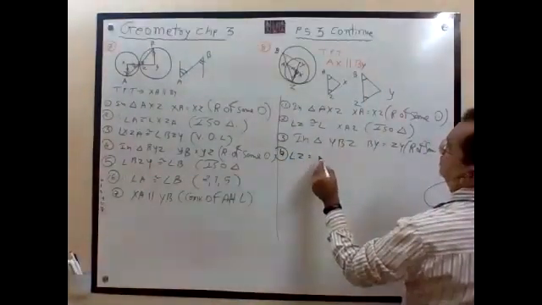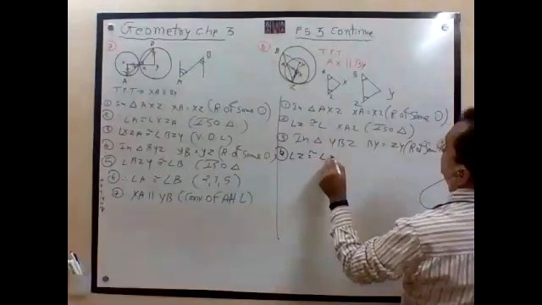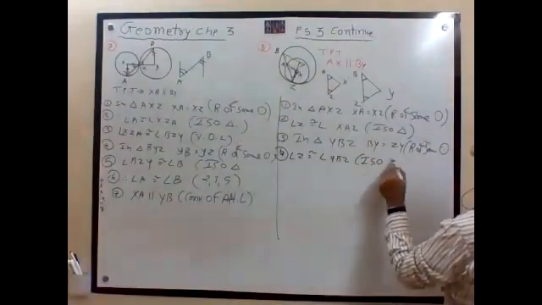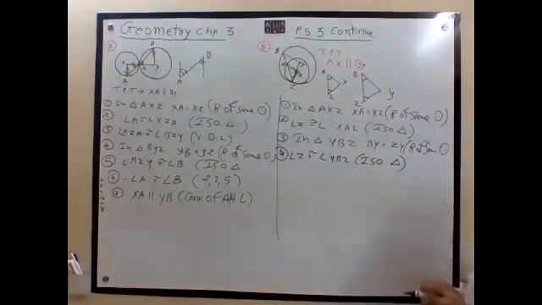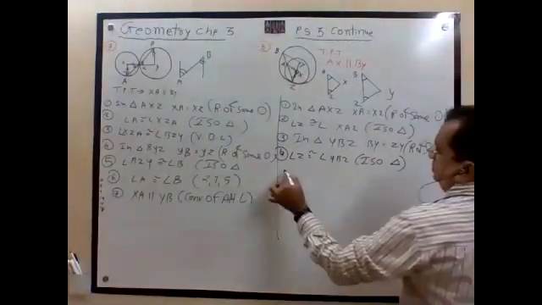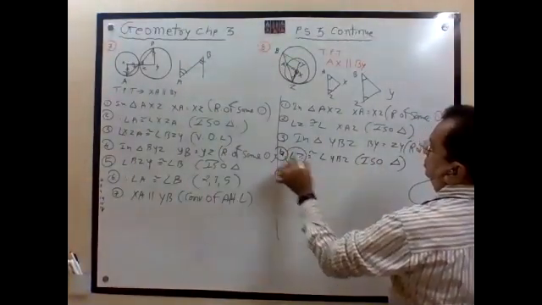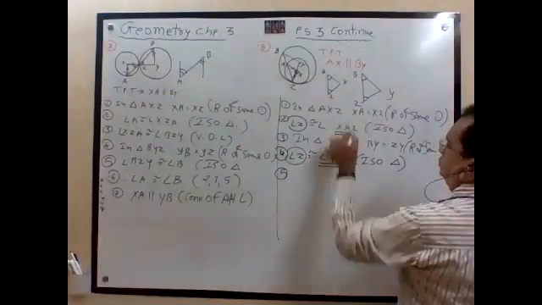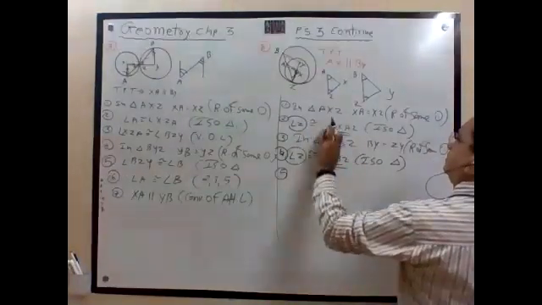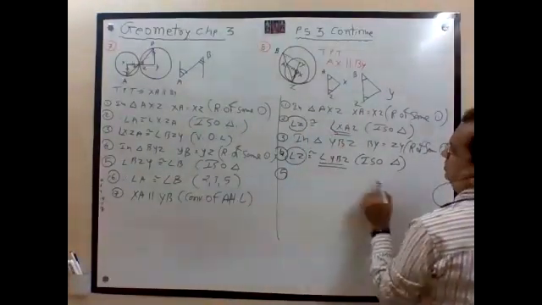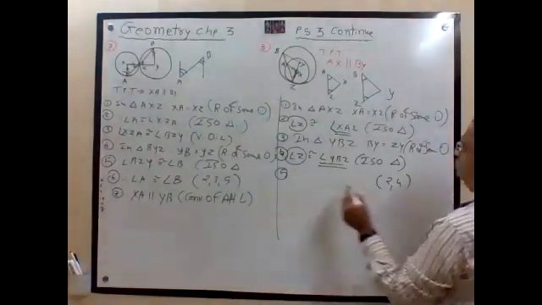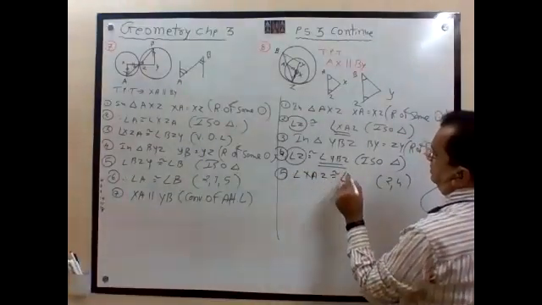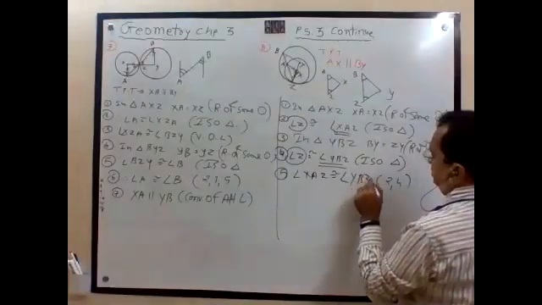Now upper one, YBZ, isosceles triangle. Correct. Z is equal to this. Z is equal to this. So both are equal. From second and fourth, we can write XZ, YBZ.